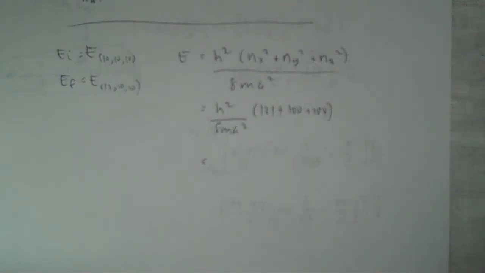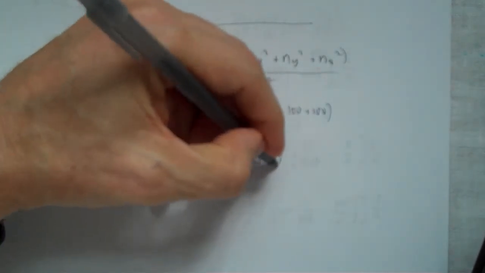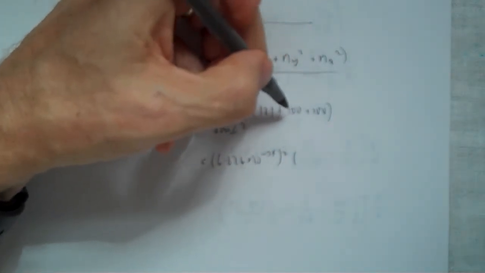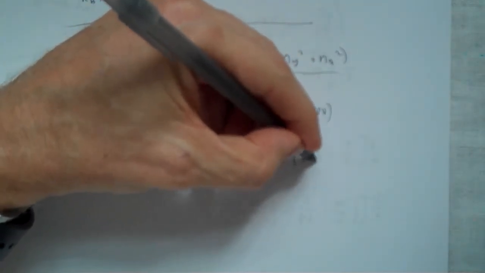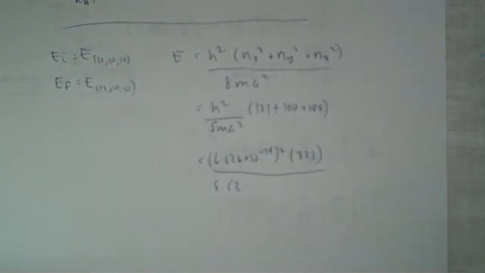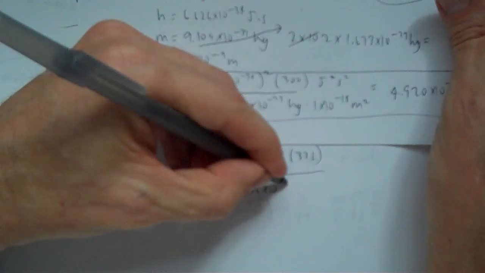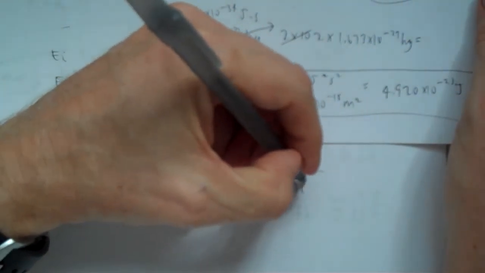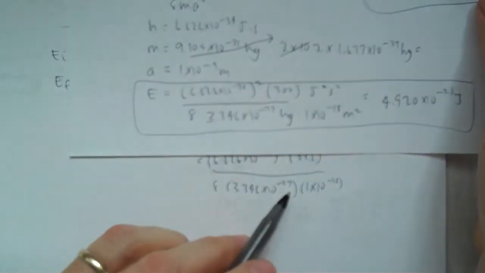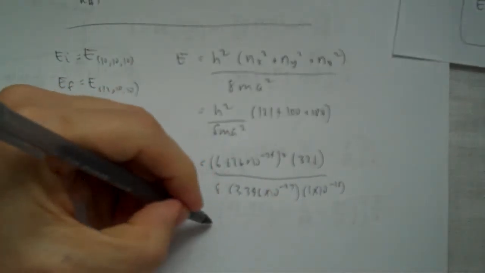H squared, 6.626 times 10 to the negative 34 squared, times 321 over 8, times 3.346 times 10 to the negative 27 kilograms, times 1 times 10 to the negative 18th. I'm leaving all the units off here. I took care of my unit concerns up there. I know I'm dealing with joules, so I'm not going to worry about that here. I'm just going to calculate this number. Let's see what this is.